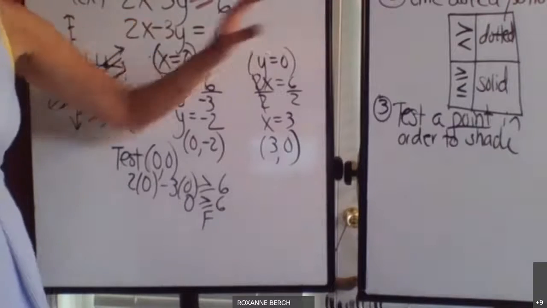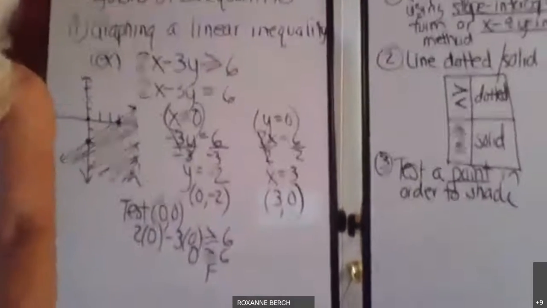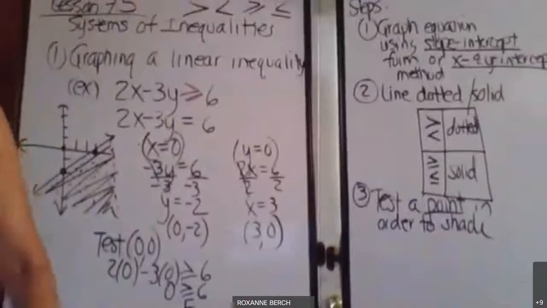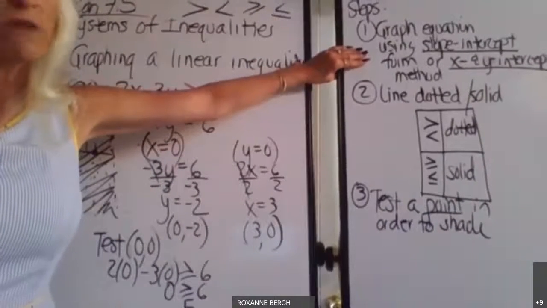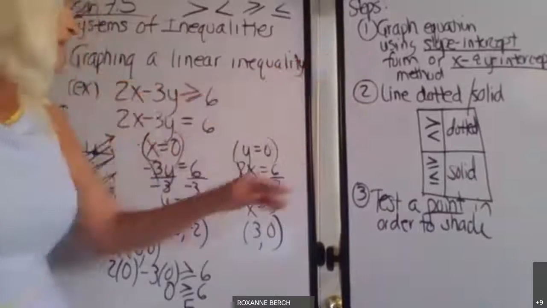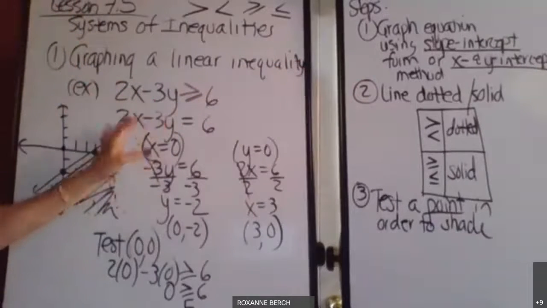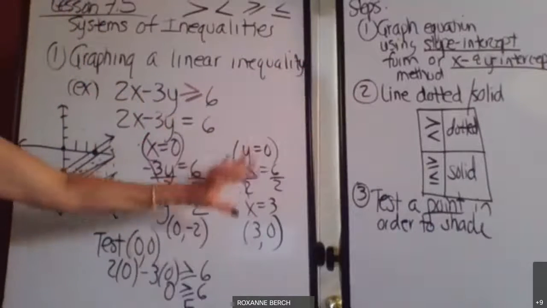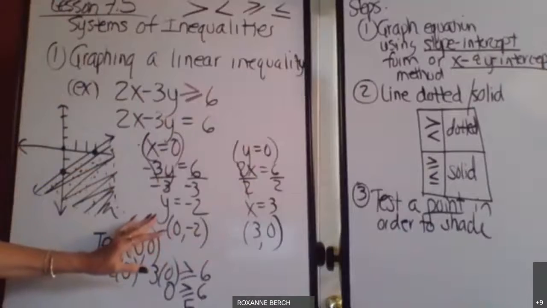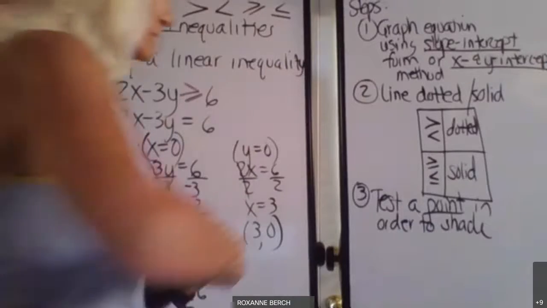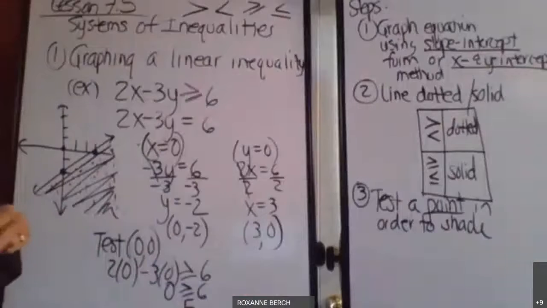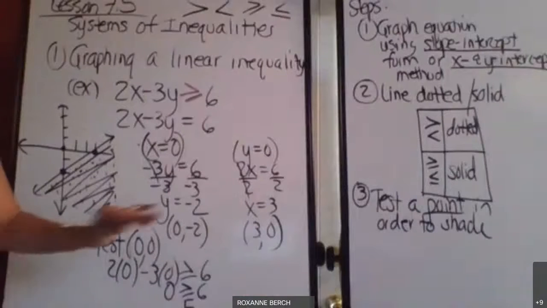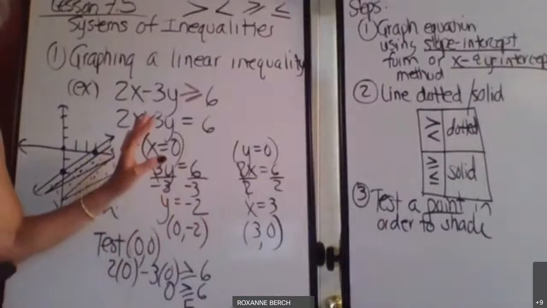So these are the steps for the inequality. 3 steps. You're going to decide which graphing method you want to use. If it's easy to solve for y, use slope-intercept form. If it's not easy to solve for y, you're using this method called x and y-intercepts, where you find the x-intercept and the y-intercept.